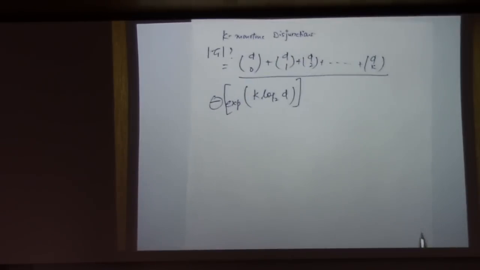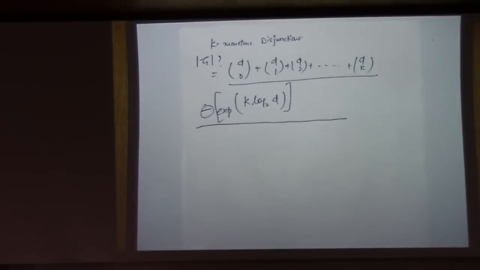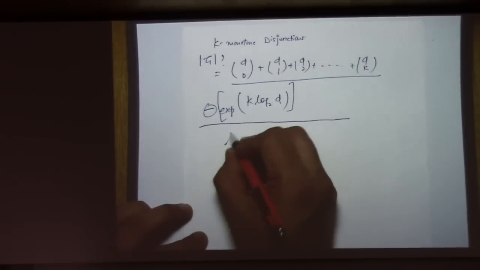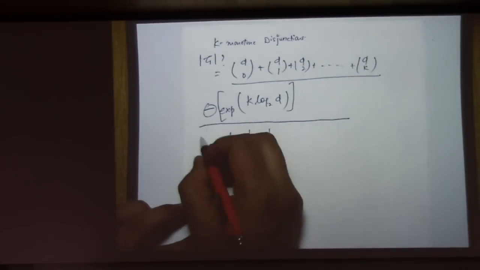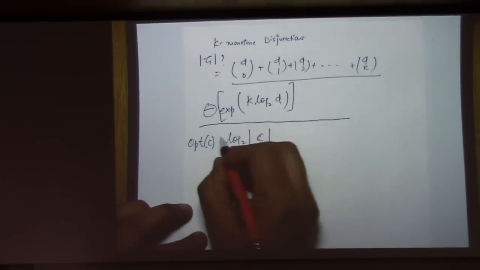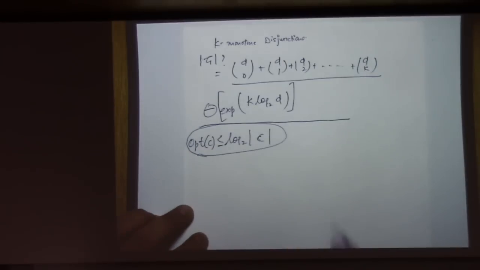All right, so here we are. This is the size of my concept class, and now what we are going to do is put a mistake bound on this. We are going to prove that opt of C is less than or equal to this, which is the same as halving.